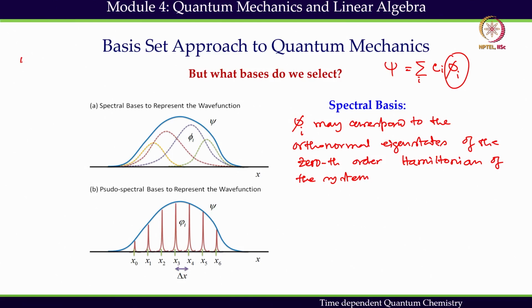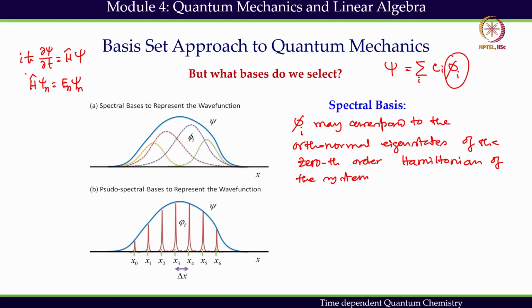I have been mentioning this from the beginning: we have the time dependent Schrodinger equation, and under the variable separation method we immediately get the time independent Schrodinger equation, H psi equals E psi. When we solve it, we get solutions associated with particular states.